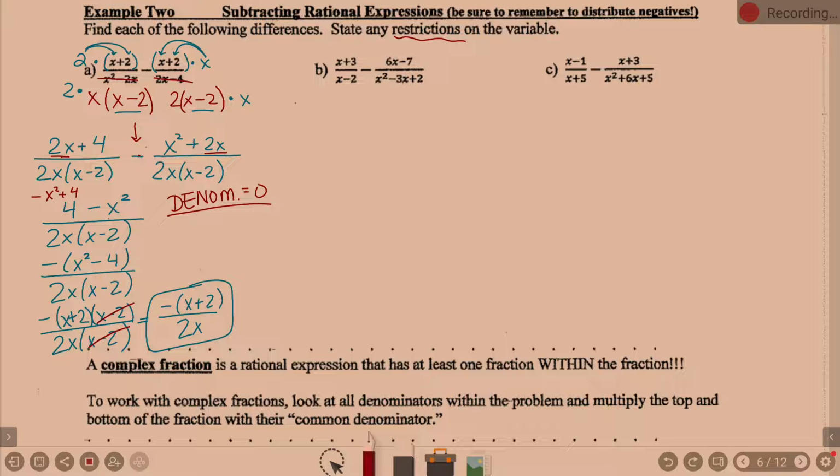Setting 2 equal to 0 by itself doesn't work, it's just a whole number, so it's the variable pieces that matter. 2x equal to 0, divide by 2, and x cannot equal 0. On x minus 2 equal to 0, add 2. And so x cannot equal 0 or 2.